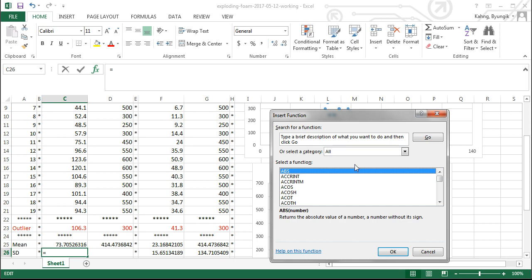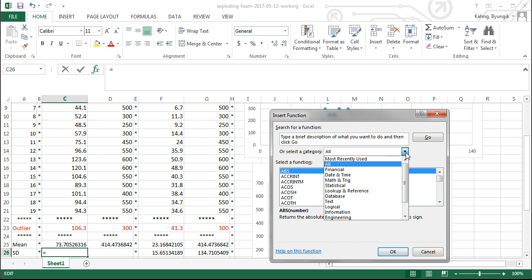Suppose that you're using a public computer or you're doing this for the first time. Go to this upside down triangle and find the appropriate package. This is a statistics course, so naturally you'll have to look for the statistical package here. Not the math and trig or some other things. Not engineering, not financial, but statistical.